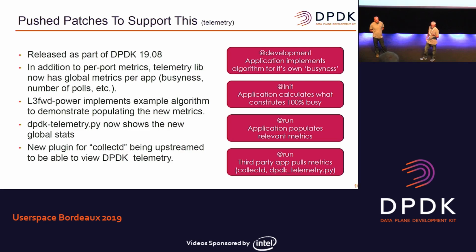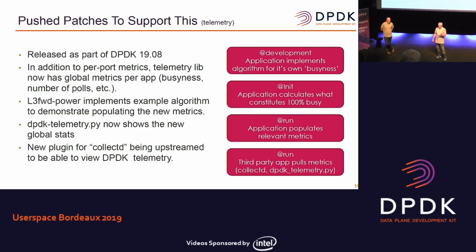So that telemetry enhancement to the library was released as part of 1908. And what was done there was, as I mentioned earlier, it gives global metrics rather than per port metrics. So it gives the ability for an application to create metrics that are per application, and they're sent out through CollectD.